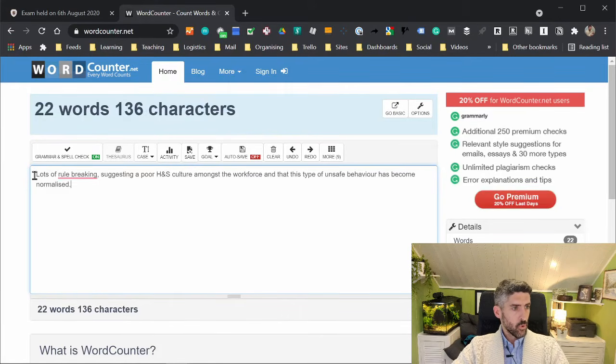So lots of rule breaking, suggesting a poor health and safety culture amongst the workforce, and that this type of unsafe behaviour has become normalised. So that's 22 words. I've got some room to expand on that a little bit if I wanted to.